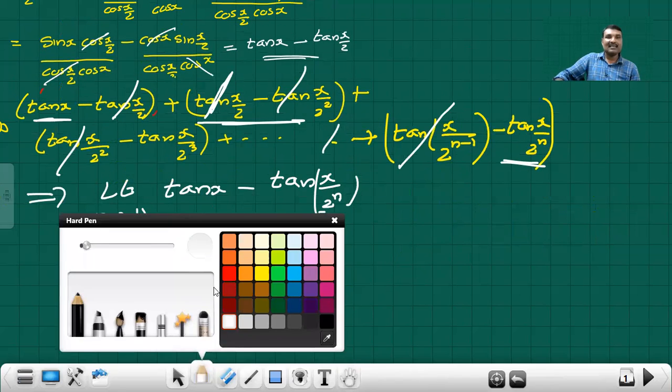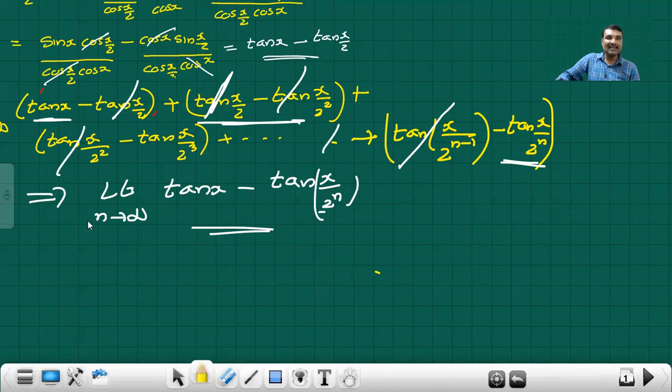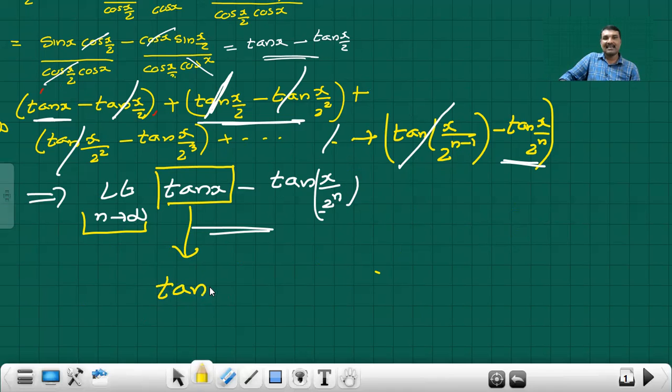Now the limit is in terms of n. Here tan x is independent of n, so we can write tan x minus limit n tends to infinity of tan x by 2 raised to n.